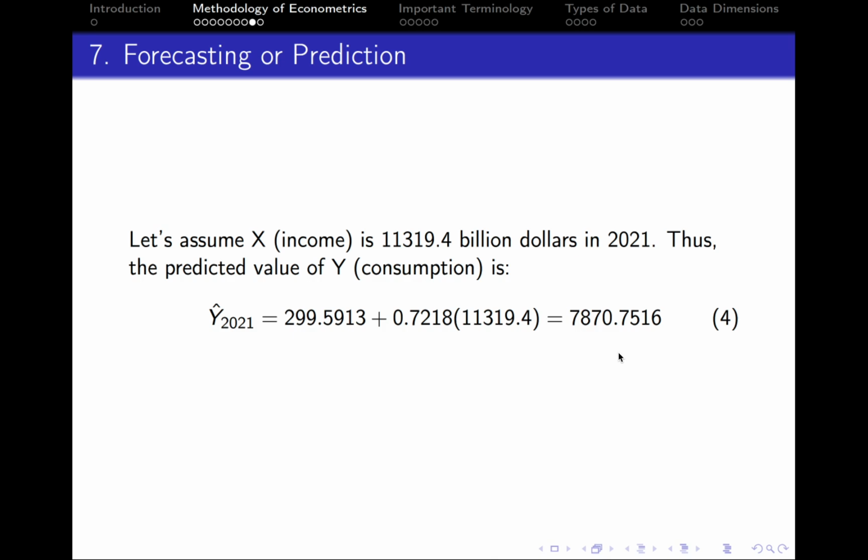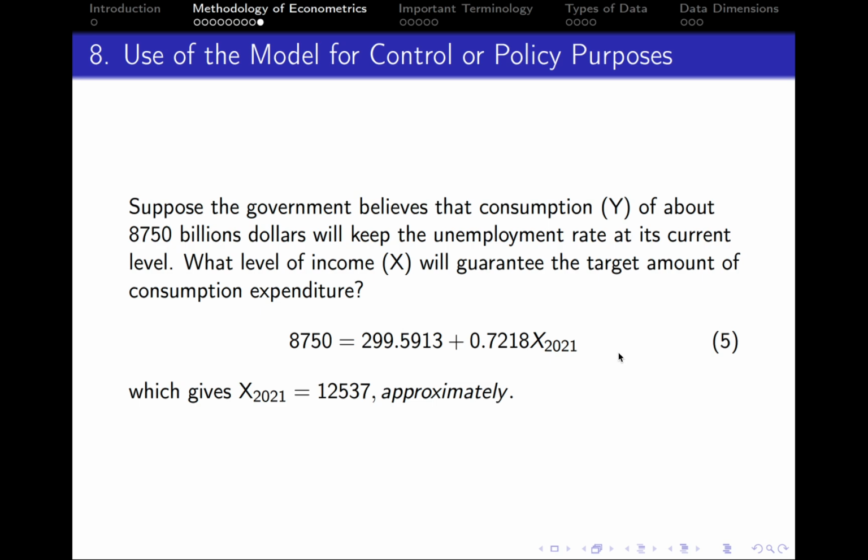And finally, the last step of the methodology of econometrics would be, not necessarily, but you can use this model for control or policy purposes. And actually, this step shows you that econometrics is very much used by economists, by politicians.